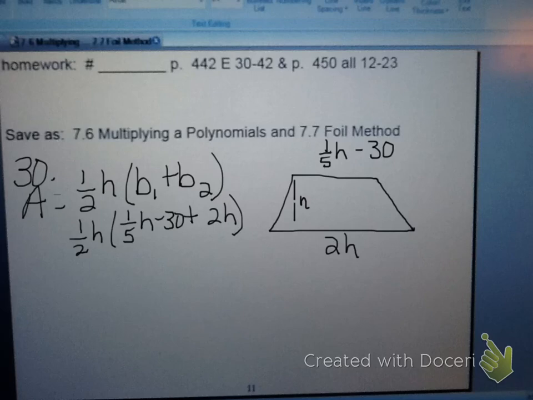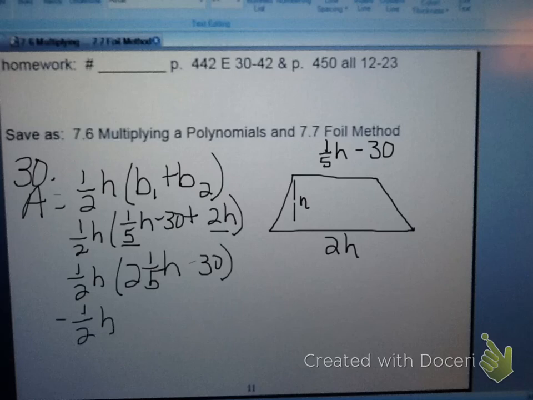Now I'm going to combine like terms. 1/5 h and 2h is 2 1/5 h. Now I need to multiply, but before I multiply, I need to turn the 2 1/5 h into an improper fraction, which is 11 over 5 h minus 30.